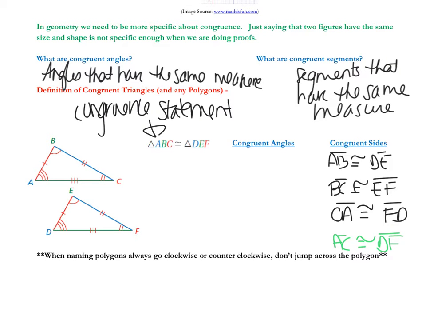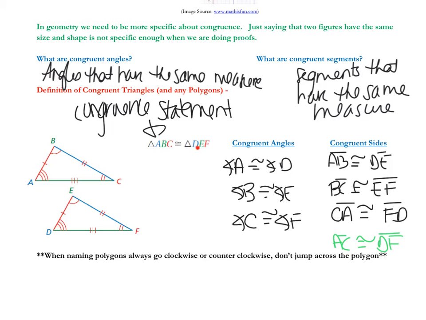And then the angles are pretty straightforward. Angle A is congruent to angle D. Notice 3 arcs, same place in the congruent statement, blue and blue. Angle B is congruent to angle E, and angle C is congruent to angle F. Again, C, F follows the same order.